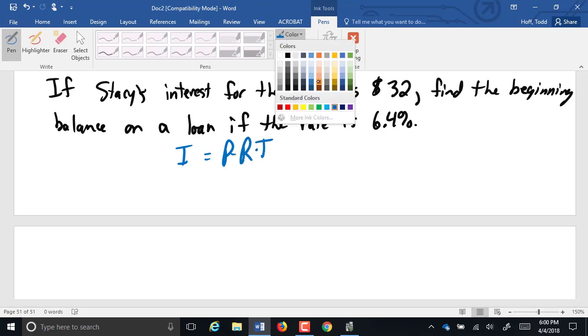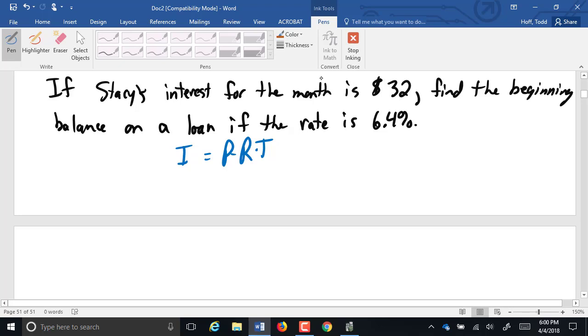I equals PRT. What's going to go in for I? 32 bucks. What's going to go in for P? Trick question. It's P. That's what we're looking for. The beginning balance is the principal. What goes in for R? 0.064.